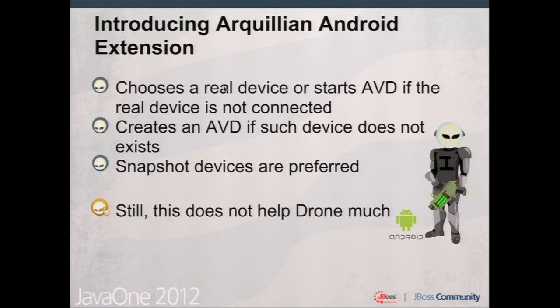Still, you have two processes: your tests running in your JUnit runner, and you have the Android emulator window running somewhere, and you need these two to be aware of each other.